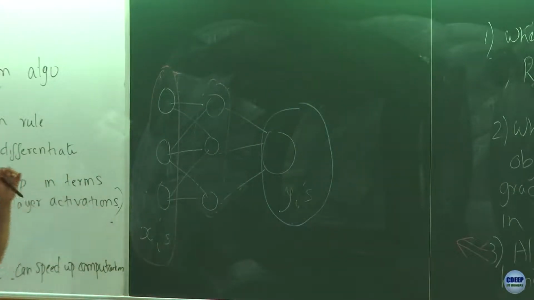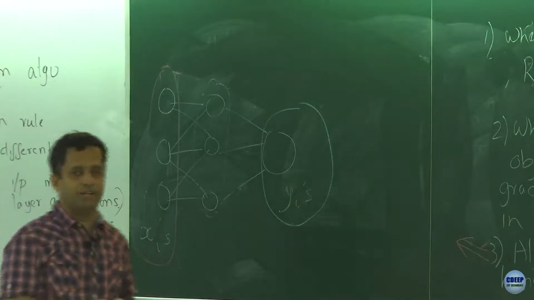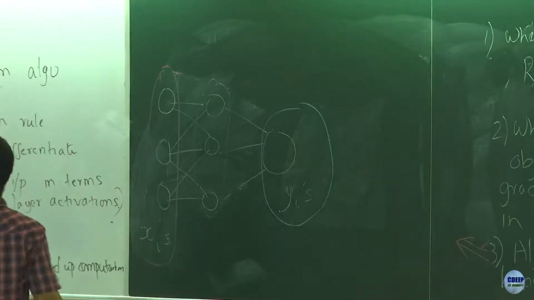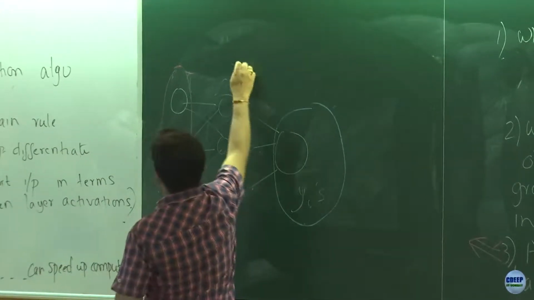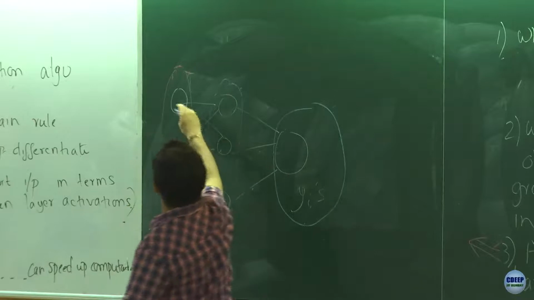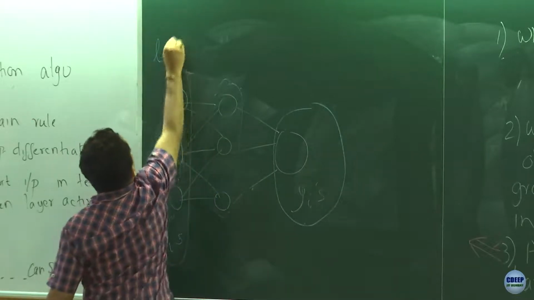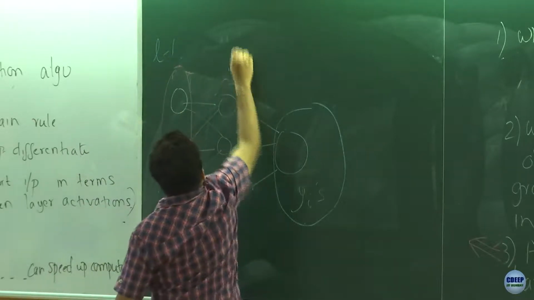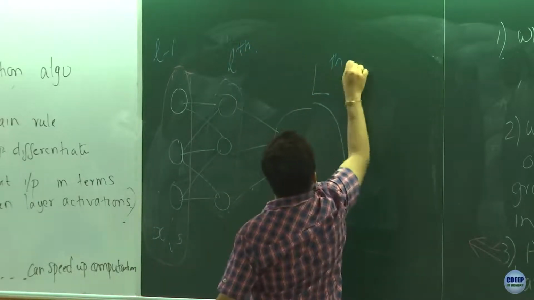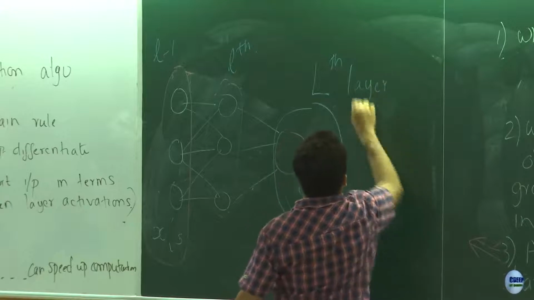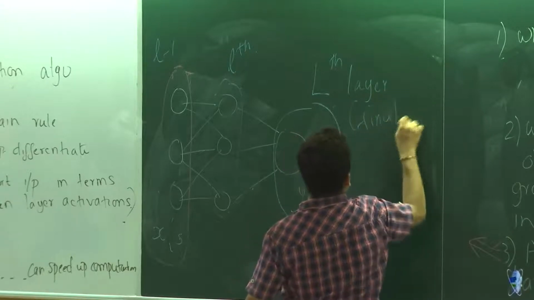Input is just the first hidden layer, think of it that way. So this is the L minus 1th layer. This is the Lth layer, and this is the capital L, the final or output layer.